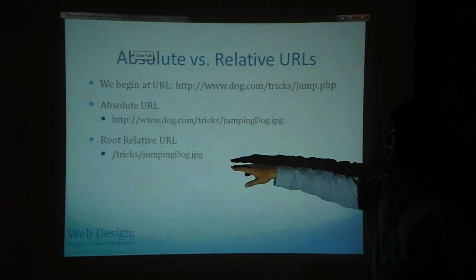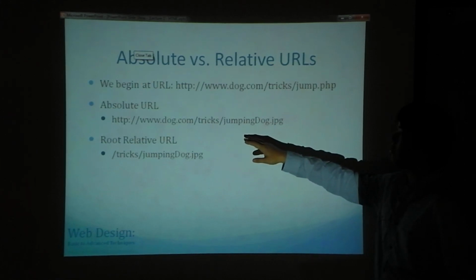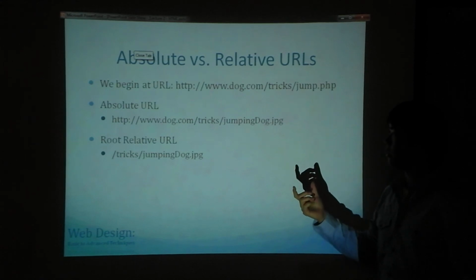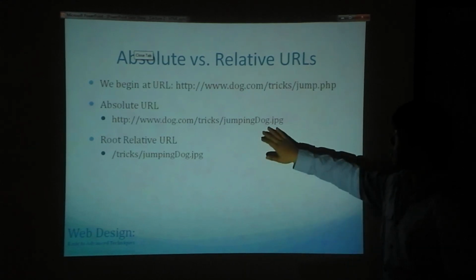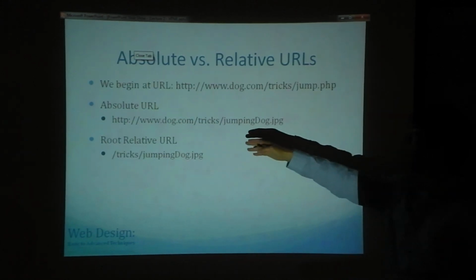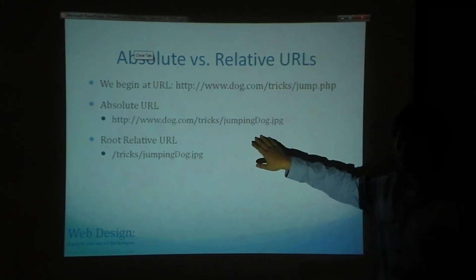Once again, relative URLs differ from absolute URLs in that you don't specify the entirety of the original URL. In this case, we have the entire URL, which specifies the domain, the folder it's under, and the image name.